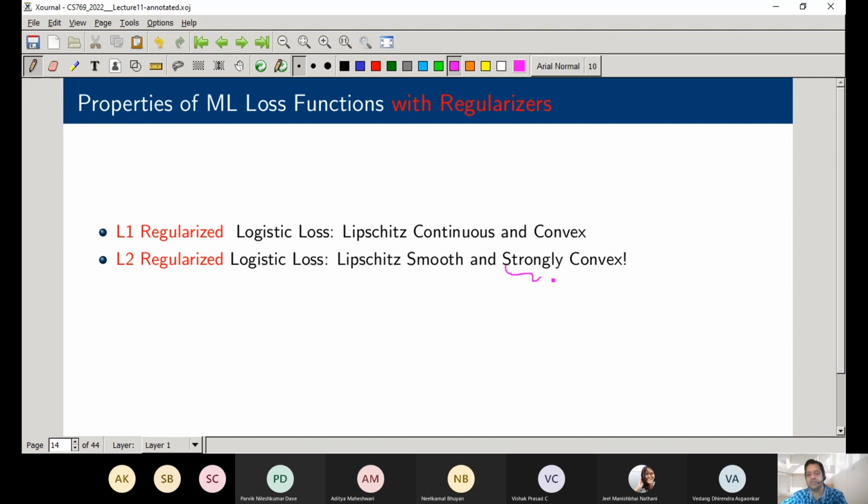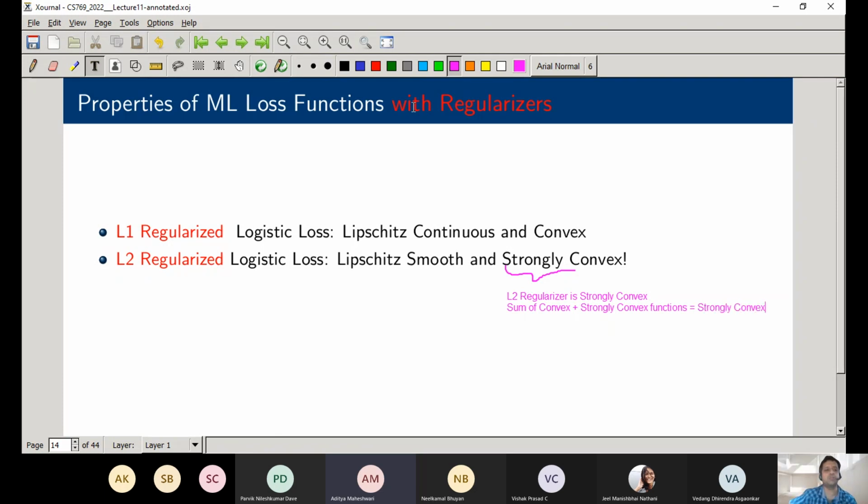Okay, so this strong convexity is largely because the L1, sorry, L2 regularizer is strongly convex. Sum of a convex plus a strongly convex function is strongly convex.